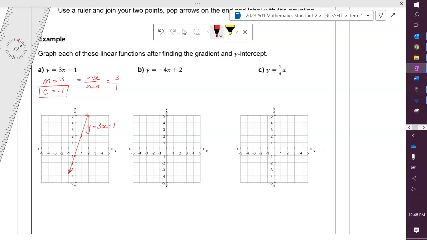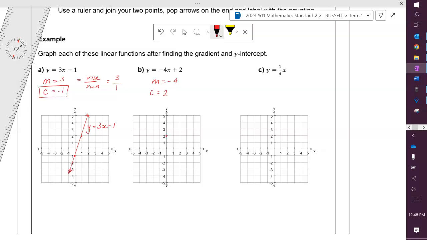Alright, our next one, M and C, so our gradient or our slope this time is negative 4, so we know our line is going to go backwards or downhill, and my y-intercept is 2.